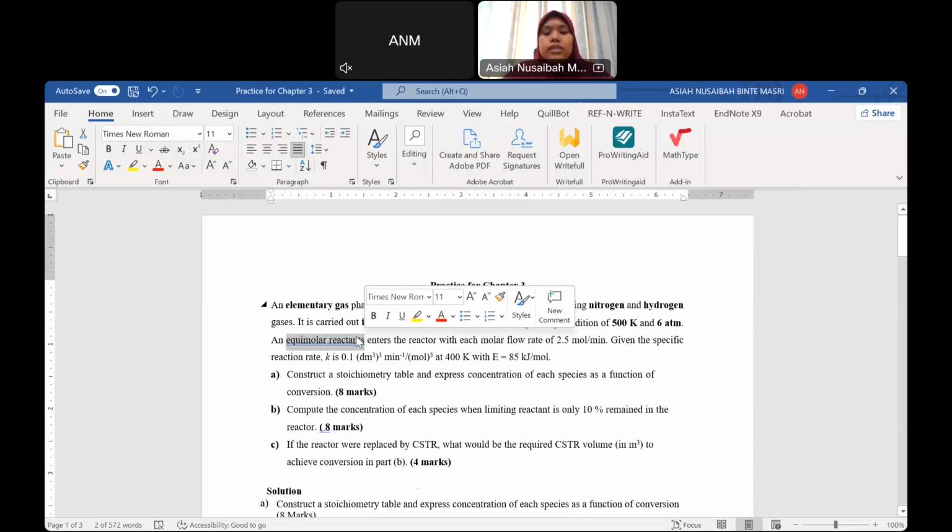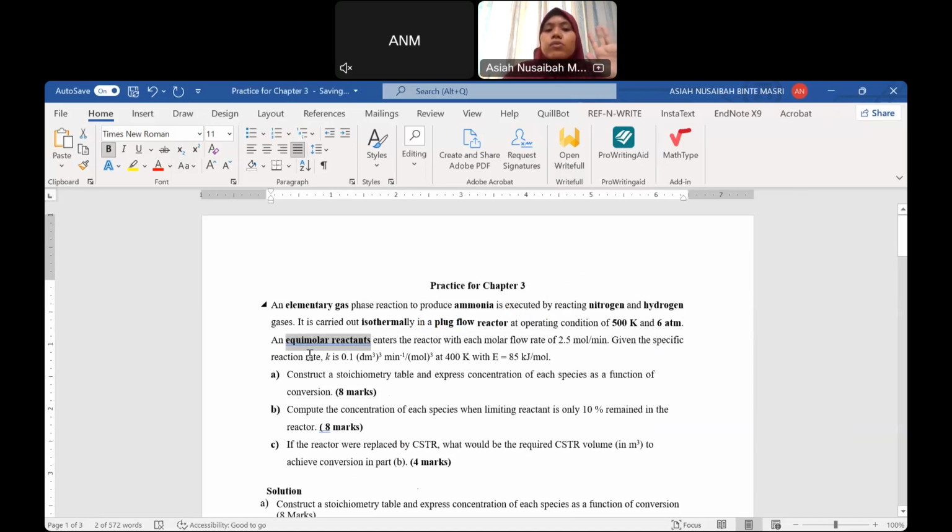So equimolar reactants means since we have two reactants, nitrogen and hydrogen, we don't know which one is A, we don't know which one is B, but when it says equimolar reactants, then that means that if we find the Y, which is the mole fraction, so YA naught should be equal to YB naught, and that is equal to 0.5 because it's equimolar. Or we can say that FA naught is equal to FB naught.